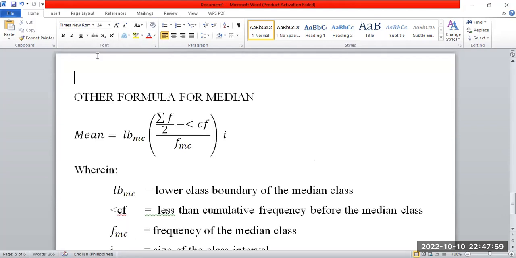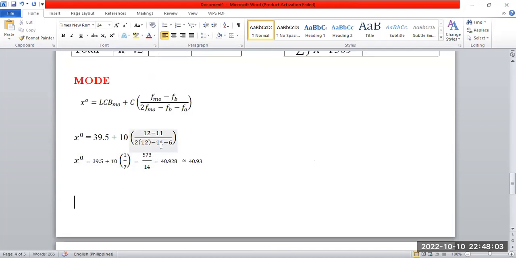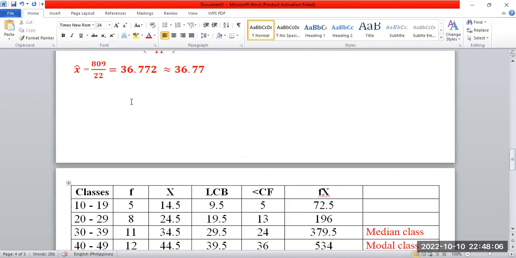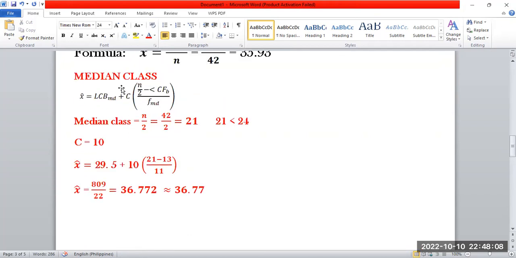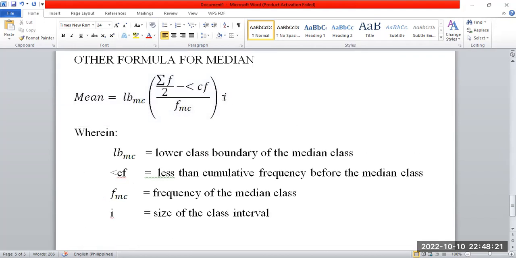Baka kasi ma-confuse kayo pag nag-search kayo ng ibang formula. Ito, si median. At naka-add siya doon. Pero in the process, since PEMDAS, we will multiply first the quantity of the answer here, tapos si class. Okay, yung katumbas ni I doon is the C, the class interval size, or the size of the class interval.